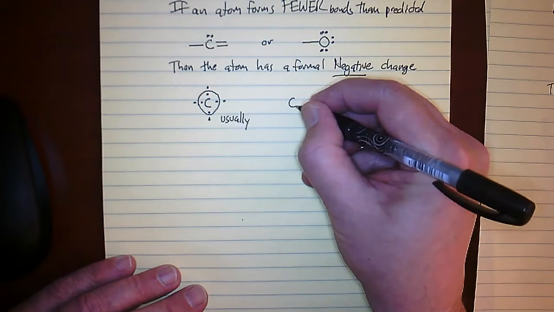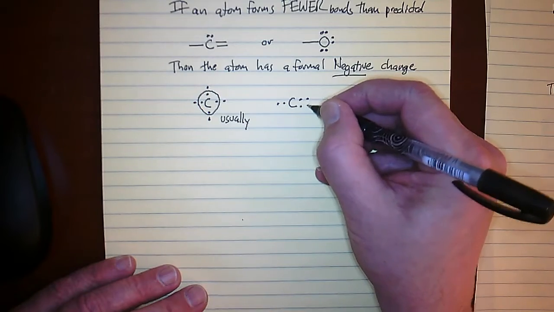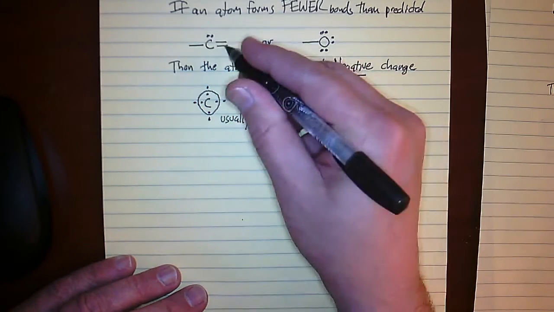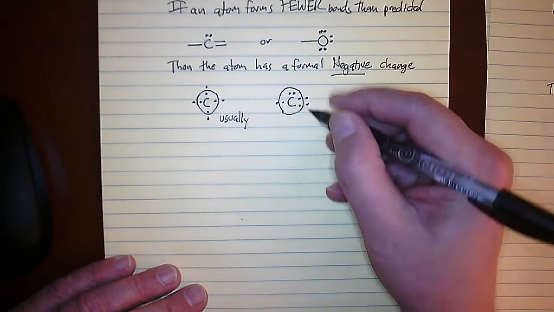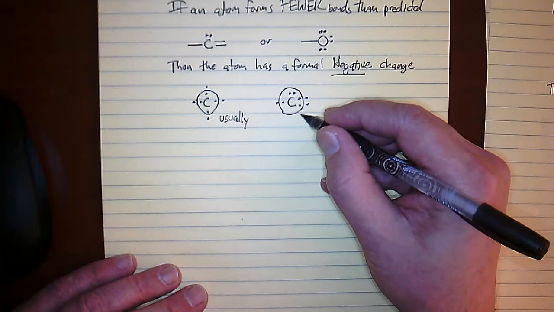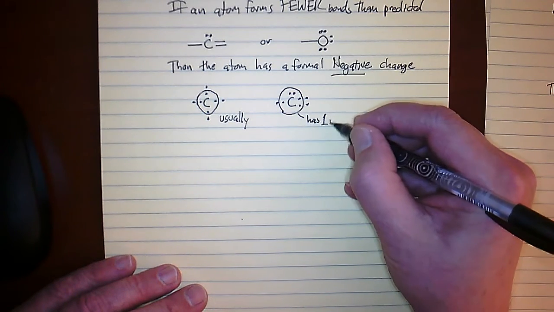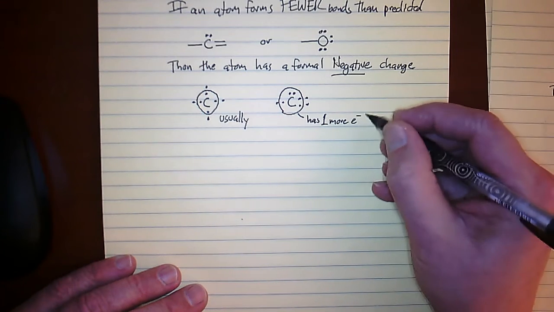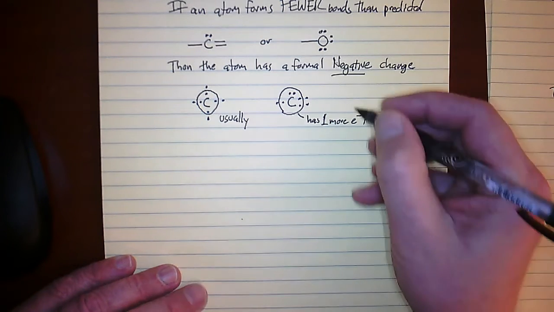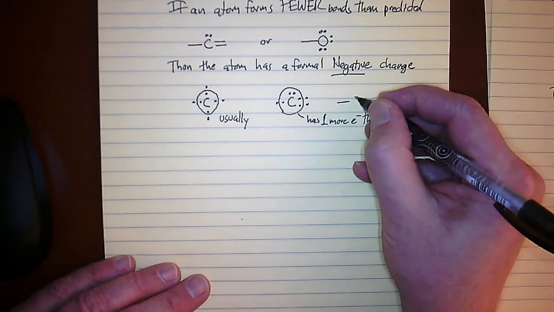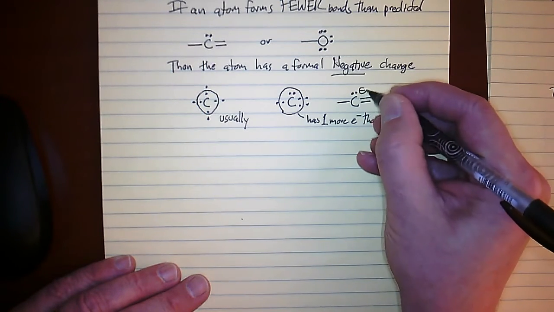But if carbon looks like this, as it does up here, then when we draw a circle around it, now it has 1 extra electron. And that would mean that we would assign a formal negative charge. So when we draw something like this, we put a negative sign on it, okay?